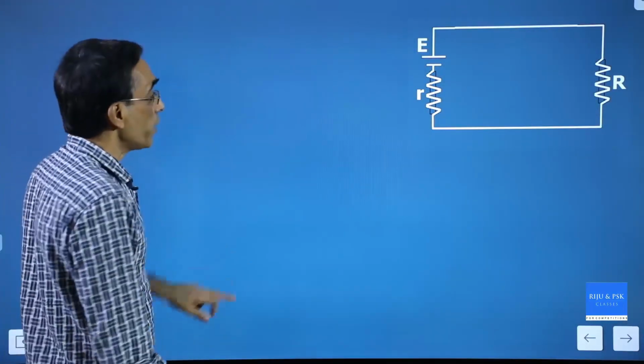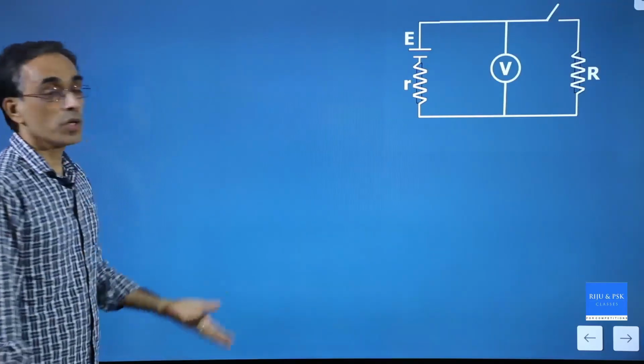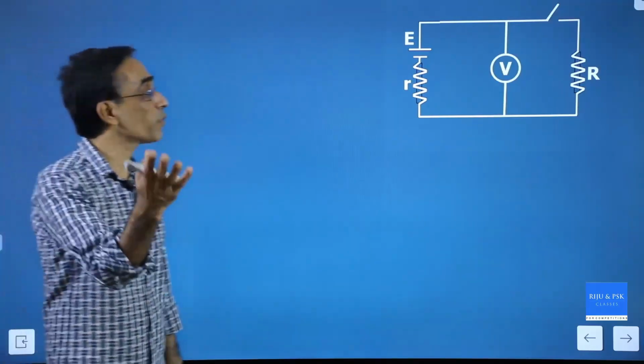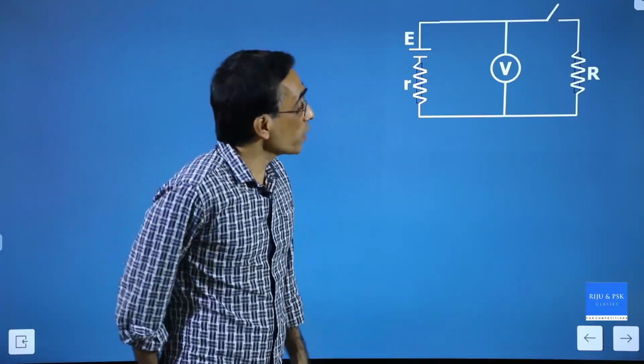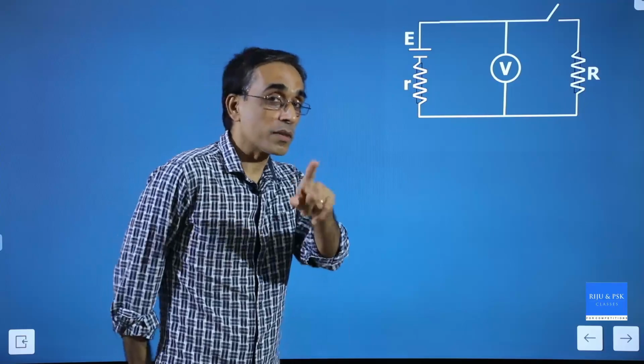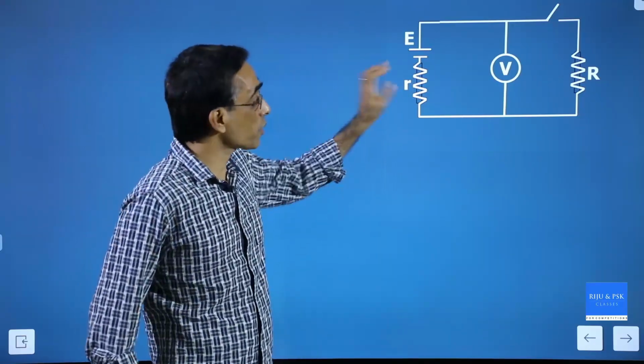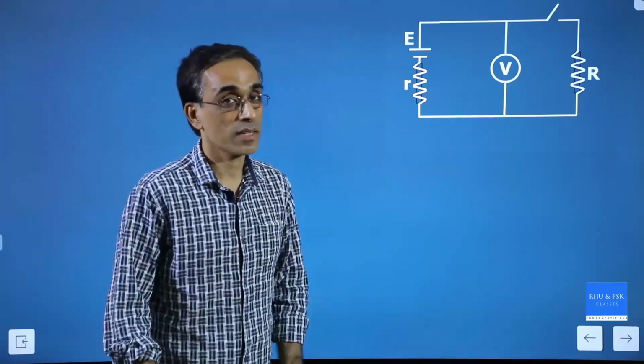Okay. Now let us go to the next point. You have a circuit. Tell me, where is the voltmeter connected? The voltmeter is now connected across the terminals of the cell. Is it across the resistor? It is not, because there is a switch here and the switch is open. So current cannot flow.